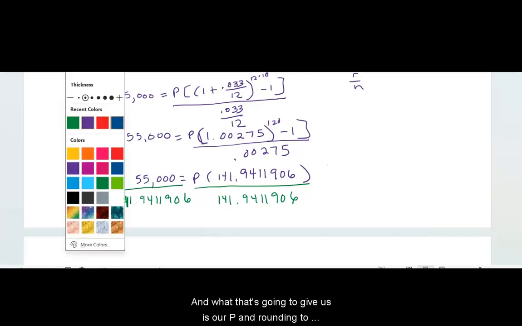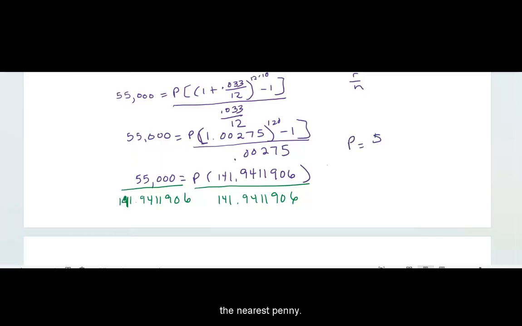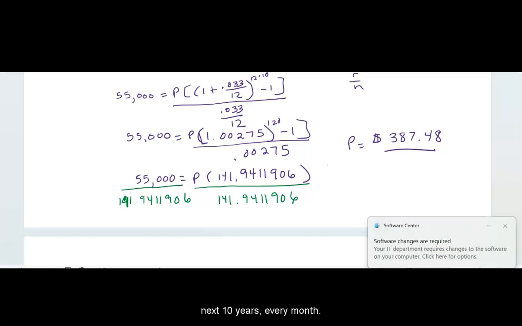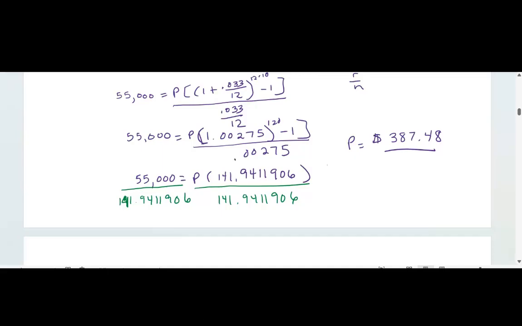And what that's going to give us is our P. And rounding to the nearest penny as always, unless you're told to round differently, we're just going to round to the nearest penny. And what I get is $387.48. What this means is if they want $55,000 in 10 years, they're going to have to put away this amount over the next 10 years every month.